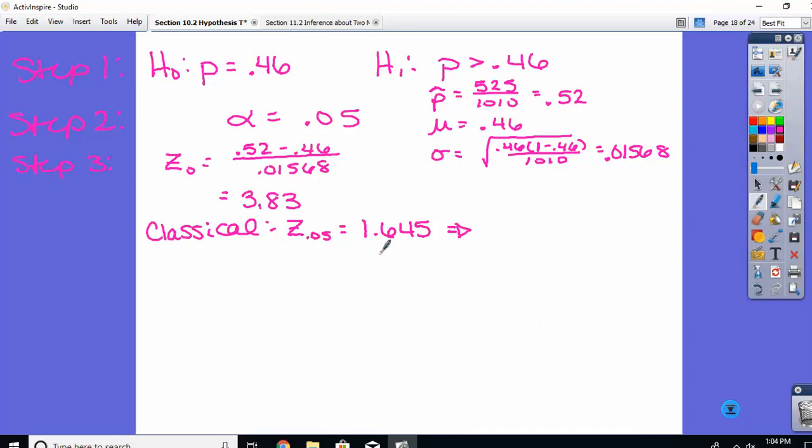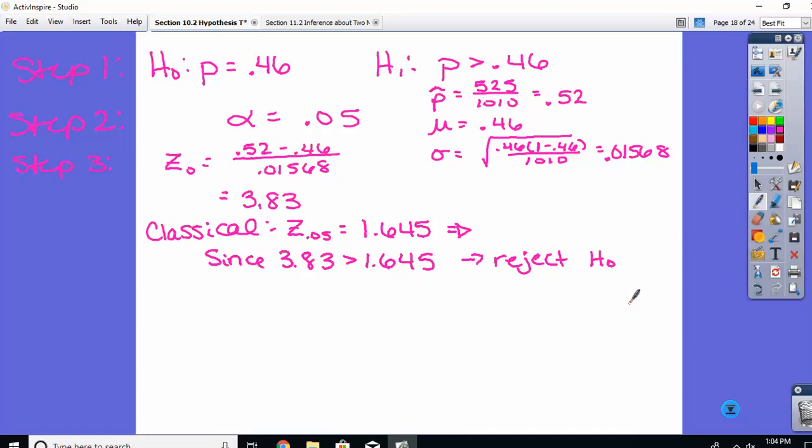Okay, then we compare the Z we got versus this one. So this is our baseline. Our Z was 3.83, so that is bigger, so it's more standard deviations away, if you want to think about it that way. Since that is bigger, you reject the null hypothesis.